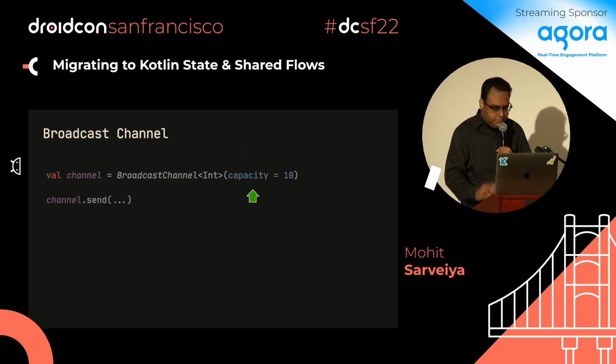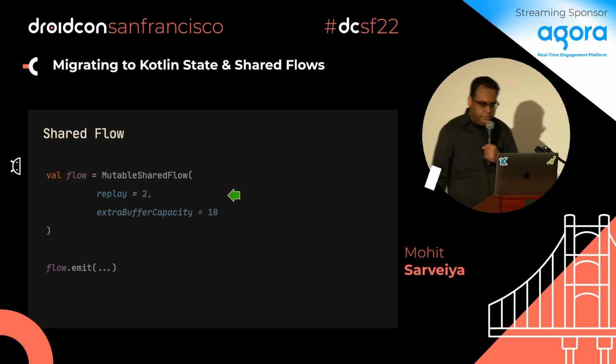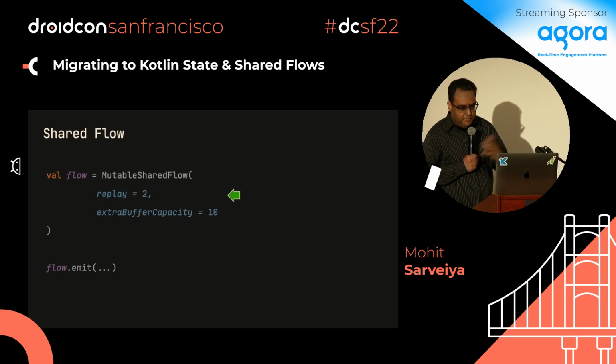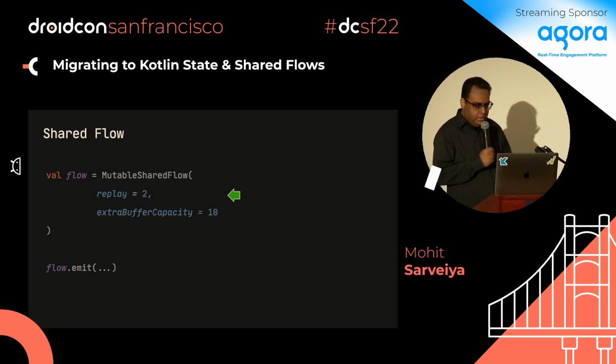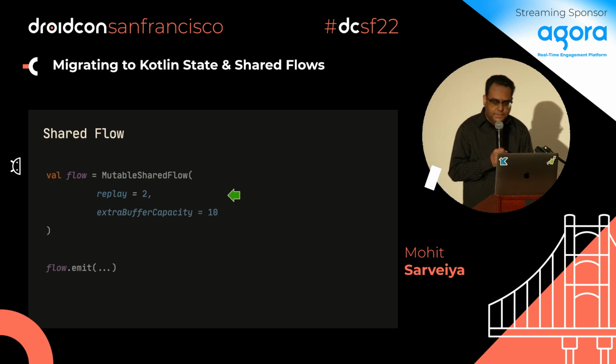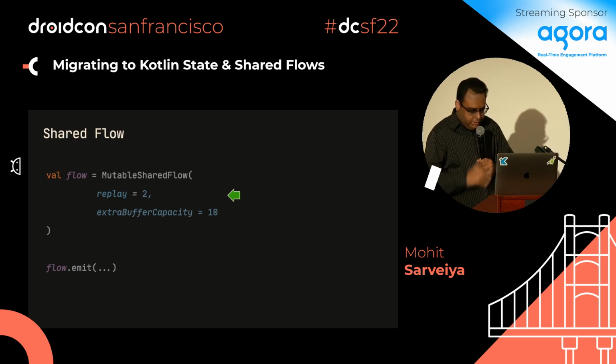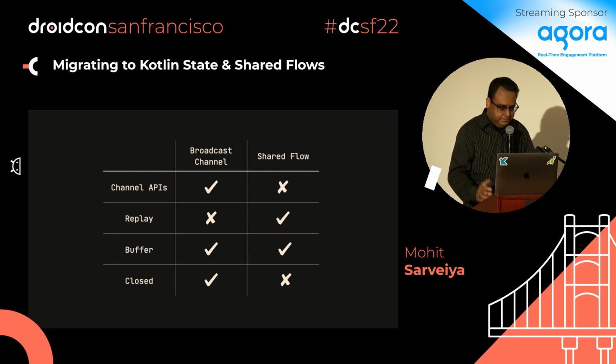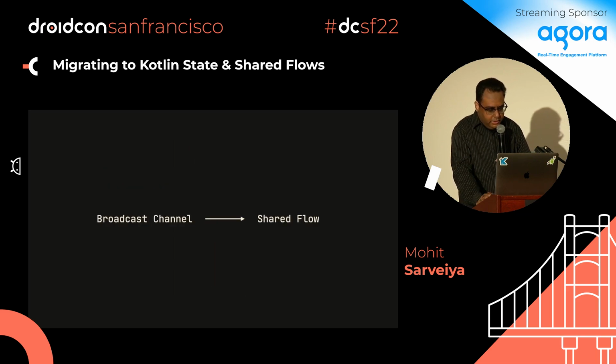So for example, it's 10 here, but with the shared flow, you could also specify an extra buffer capacity. So in this case, I could store about 12 emissions that I could send to it. When you compare both of these, they added shared flows to make it simpler, and migrating from a broadcast channel to a shared flow is pretty simple.